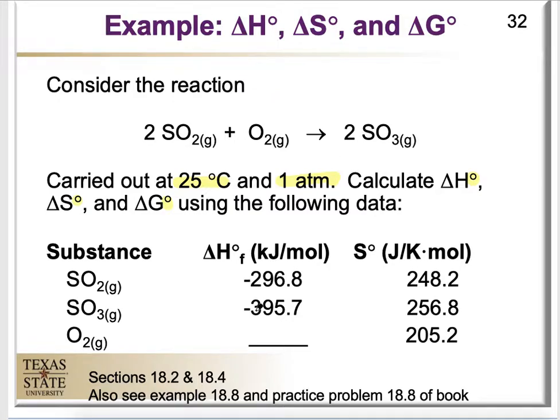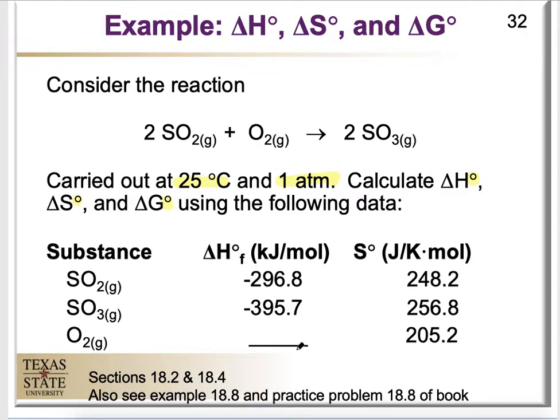The data that we were given is a list of the substances with the enthalpy of formation for each and the entropy for each. Now, my first question to you is, why don't we have anything listed for the oxygen here? Why does the table not have oxygen in the delta H of formation, the enthalpy of formation?